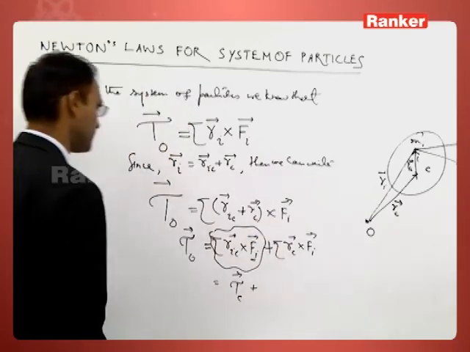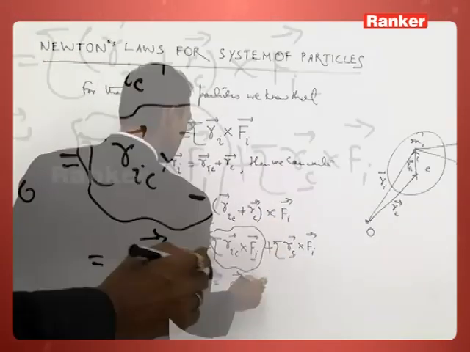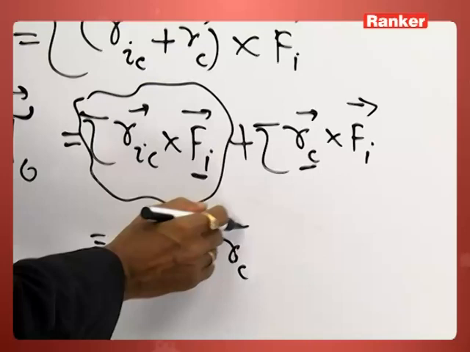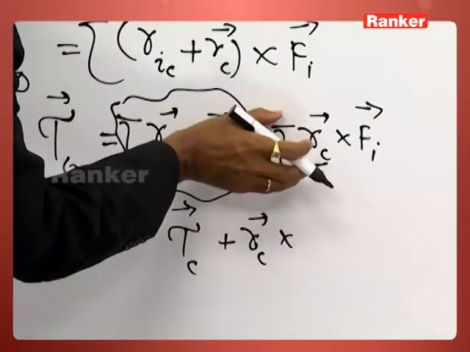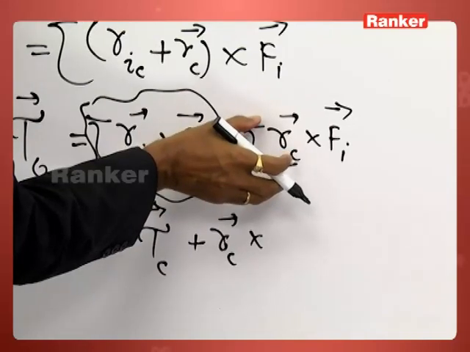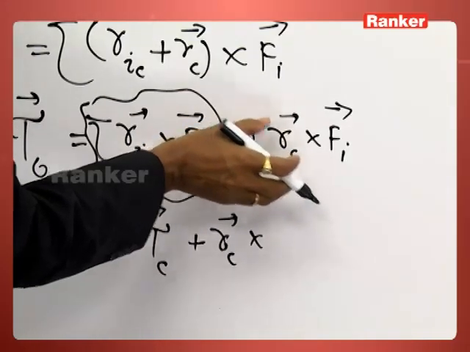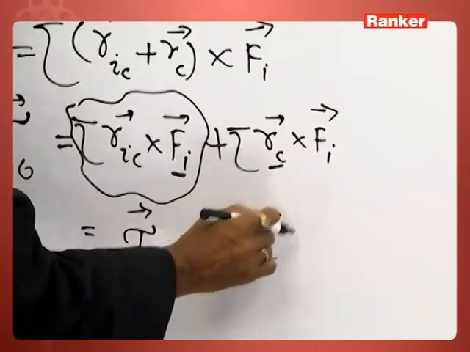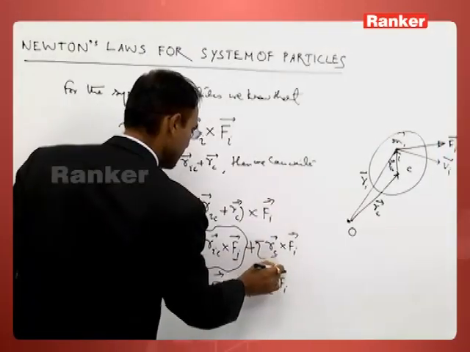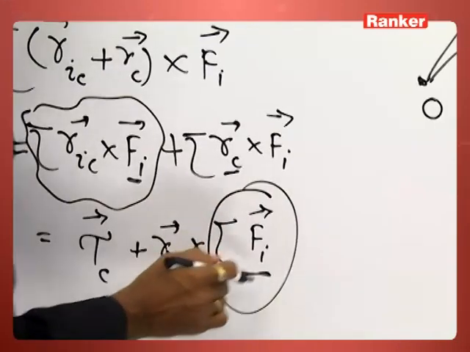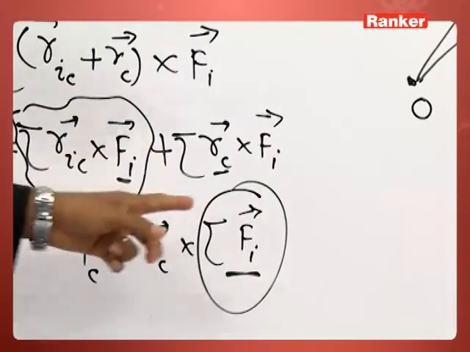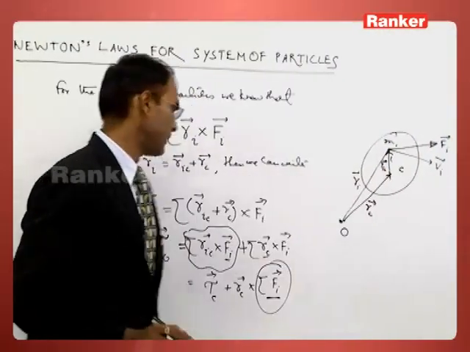Plus, RC is a constant quantity. You pull it out, cross, and take the summation sigma inside, and this physically signifies the net force acting on the ith particle.